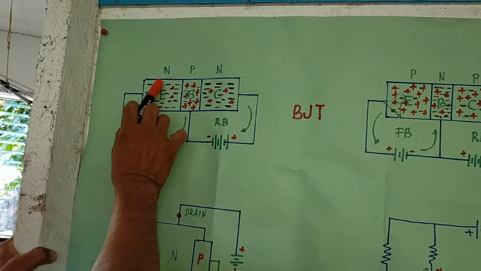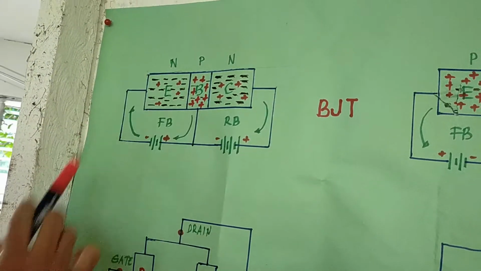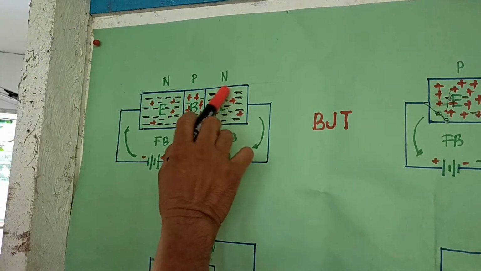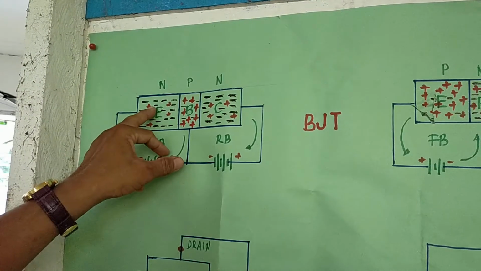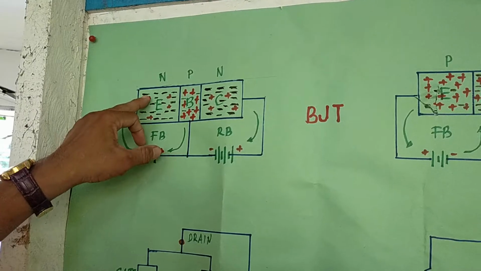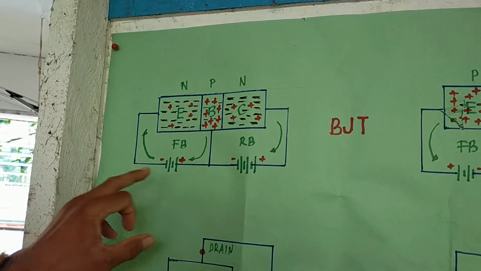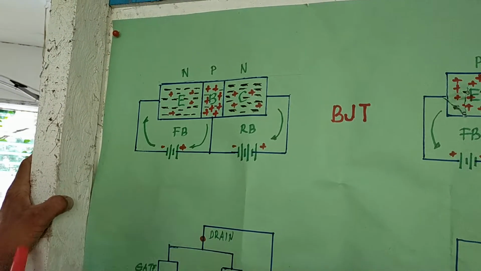There are lots of electrons in this emitter because it is an N type. And the collector has lots of electrons also. These are the majority carriers. Electrons here and here are majority. But there are minority carriers: a few holes, or the positive charge.